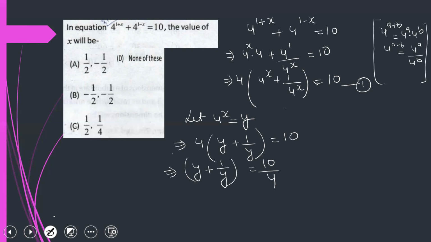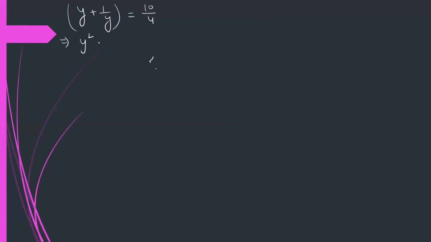Let's shift to the next page. We had y plus 1 over y equals 10 by 4, right? Solve. y square plus 1 equals 10y, here multiply by 4. We're just cross multiplying.